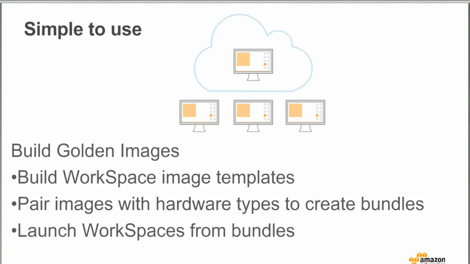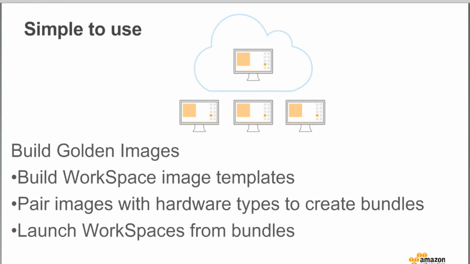Workspaces also supports familiar concepts like golden images, where you can take a workspace and customize it, make it a template that you can then use to deploy more workspaces across your organization. It's a very simple process, and I can demonstrate some of the capability on the console.